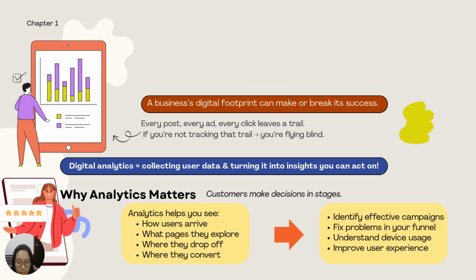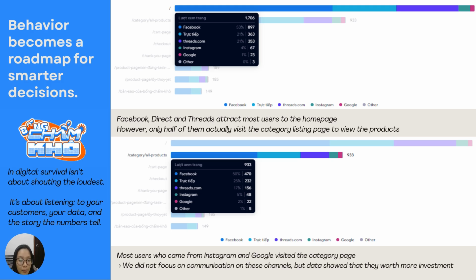So take my digital marketing project, the analytics of the bóng.co website, for example. We focus our communication tactics on three main channels: Facebook, Direct, and Threads. As a result, they attract most users to the homepage. However, only half of them actually visit the category listing page to view the products and so on.